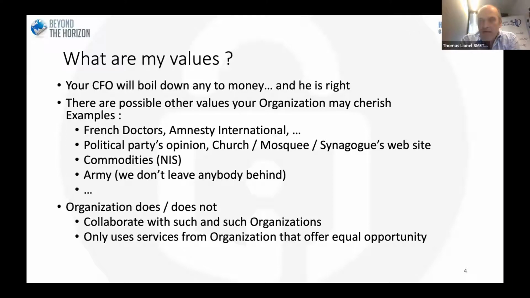Also, one of the things that comes to mind for the values of my organization is that more and more companies say, we only collaborate with organizations who fit with this and this. Typically, we only use service organizations that offer equal opportunity. So one of the values I will have to protect is making sure that the organizations I'm working with are the ones who comply with that.